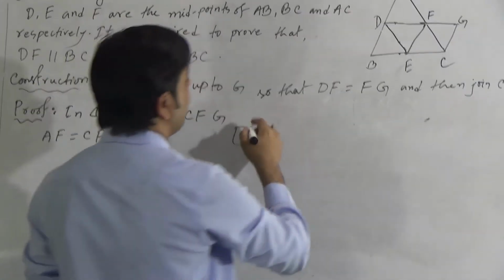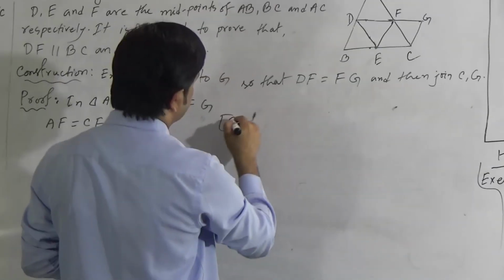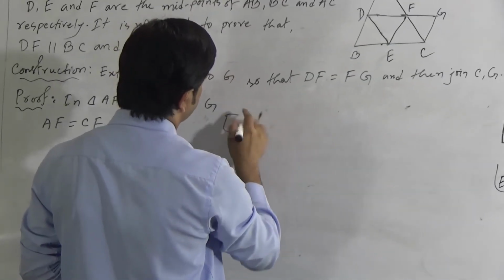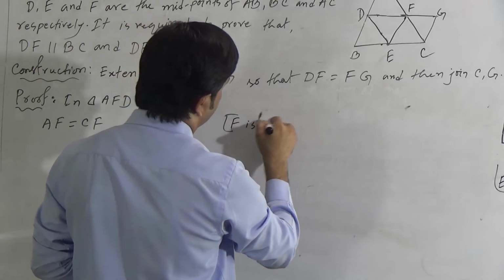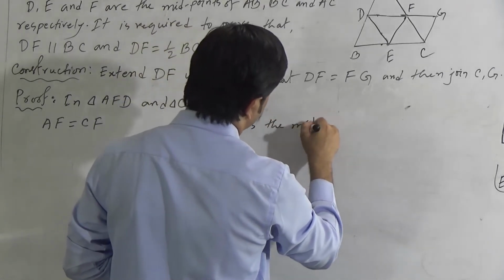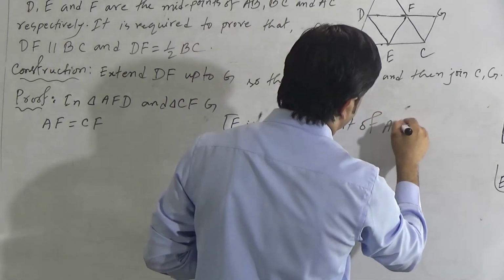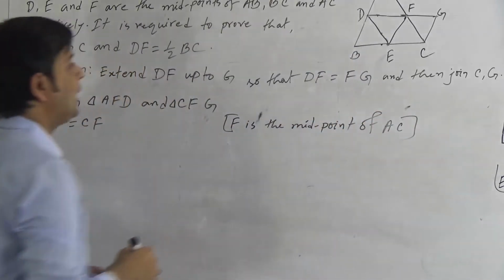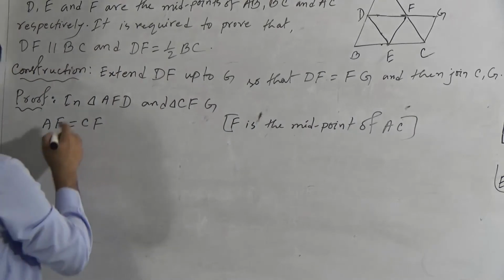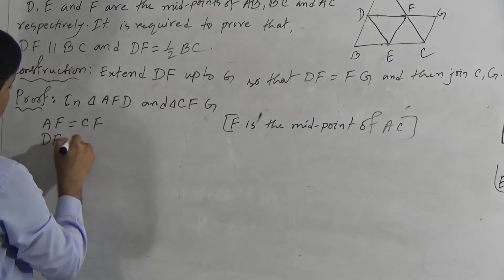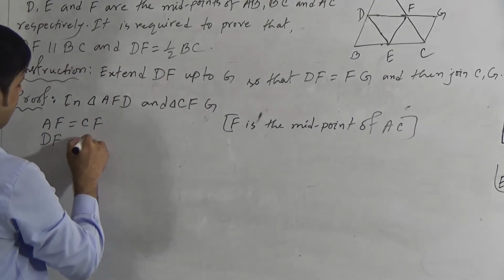Justification is F is the midpoint of AC, and then we can say DF is equal to FG.